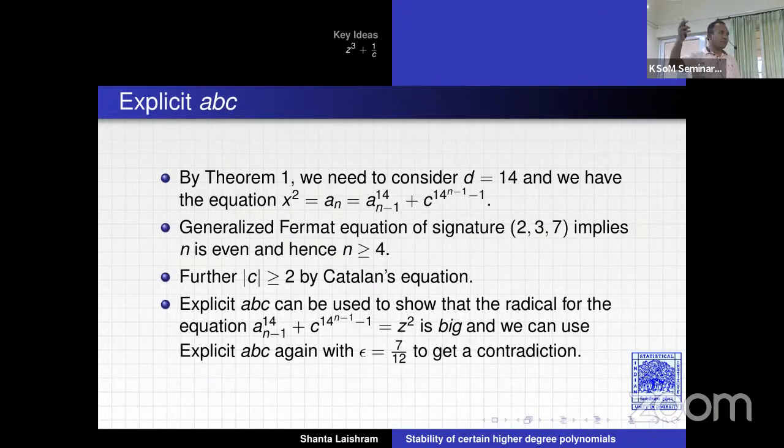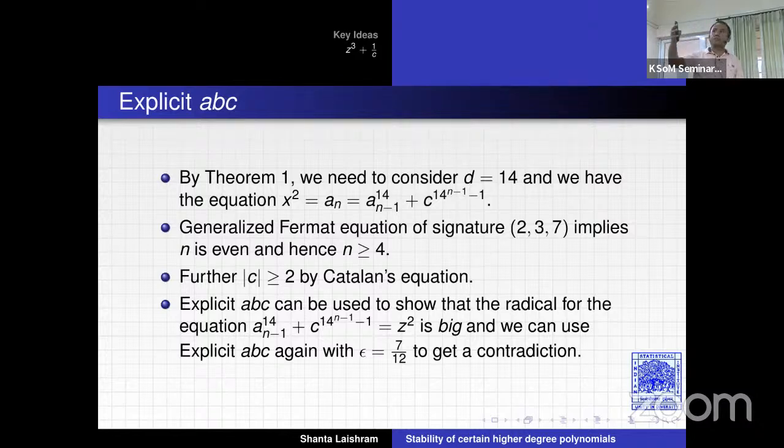So after ruling out other cases, we need to actually consider d equal to 14, where we have an equation of the form x^2 = a_{n-1}^14 + c^{14^{n-1}} - 1. The generalized Fermat equation of signature (2,3,7) implies n is even and n bigger than 4.